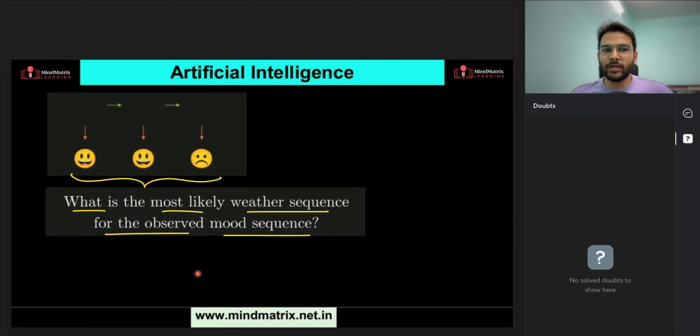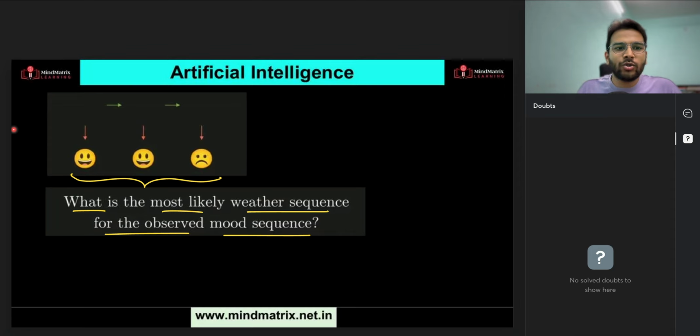Is this clear? You have three places, and at one place you can have three values possible, either rainy, cloudy, or sunny. So 3 into 3 into 3, that is 27. So a total of 27 weather sequences are possible.